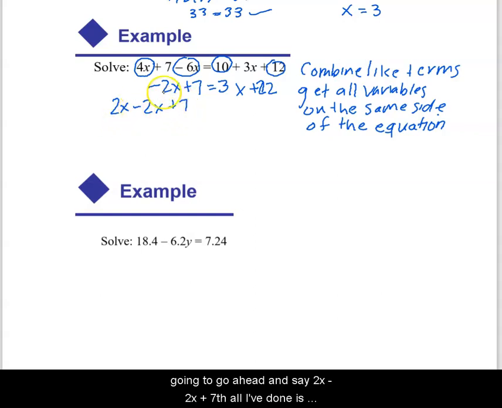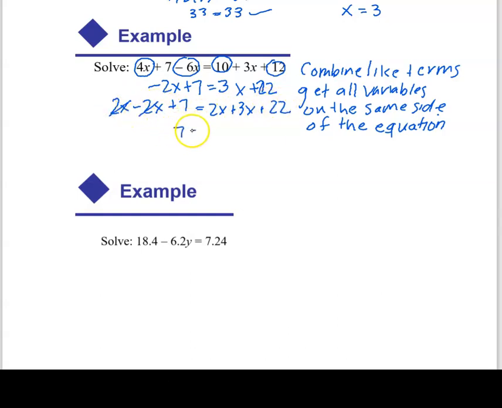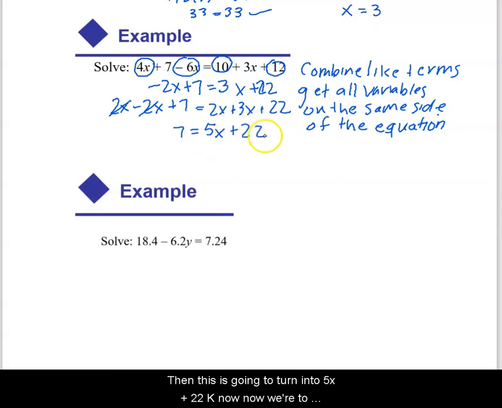So all I've done is added on a 2x. But if I do that on this side, I've also got to do 2x plus 3x plus 22 on this side. These are going to go away because 2x minus 2x is 0. This is going to turn into 5x plus 22.